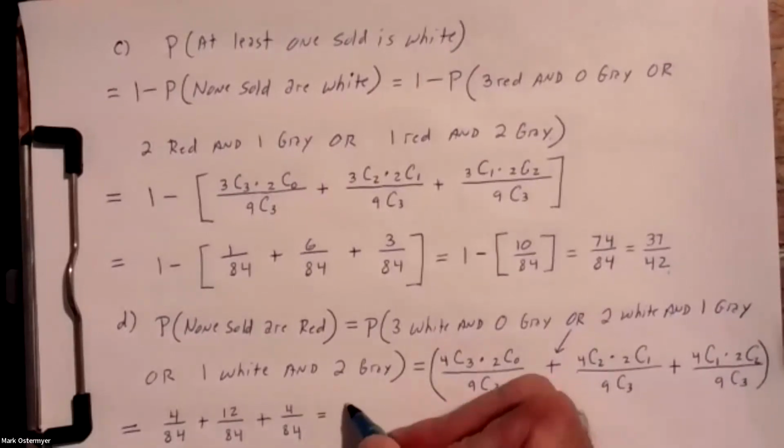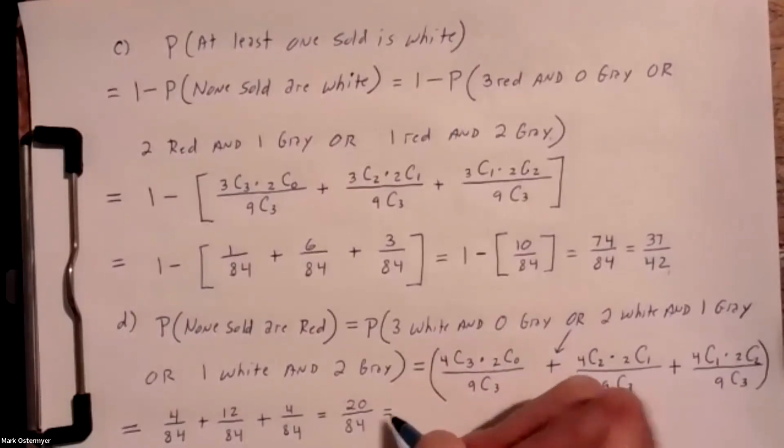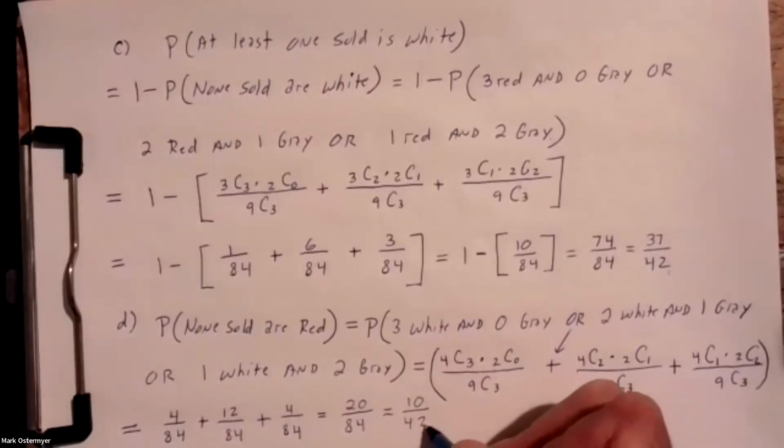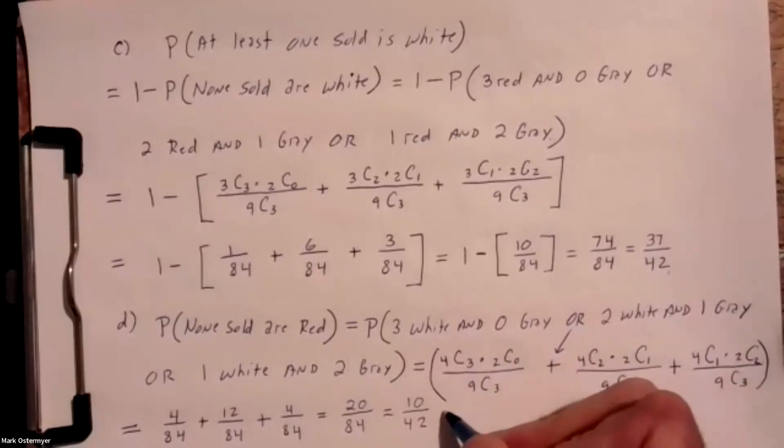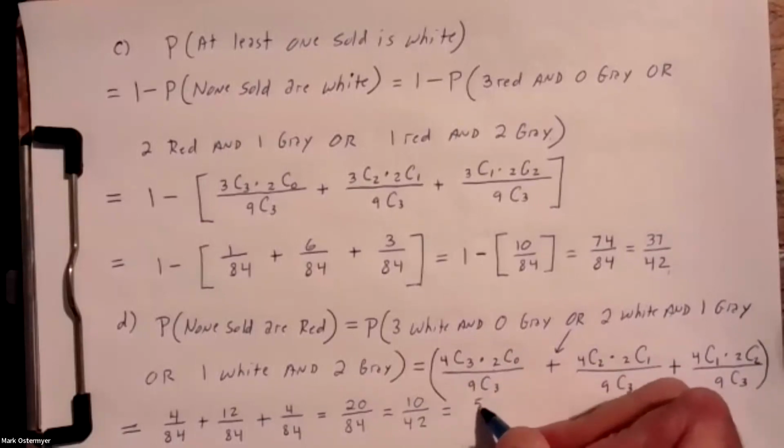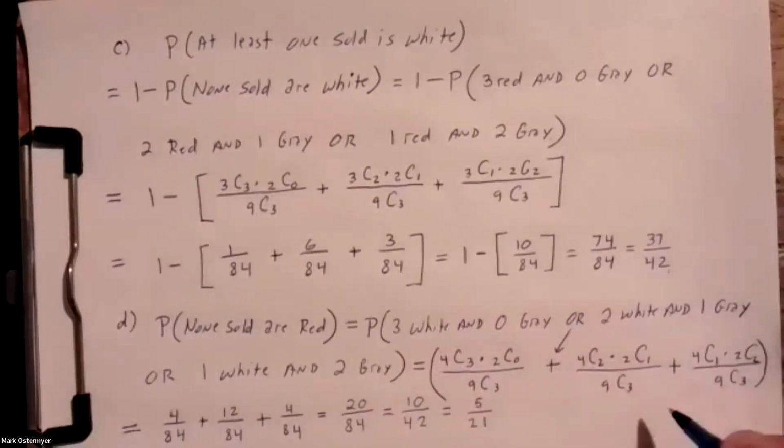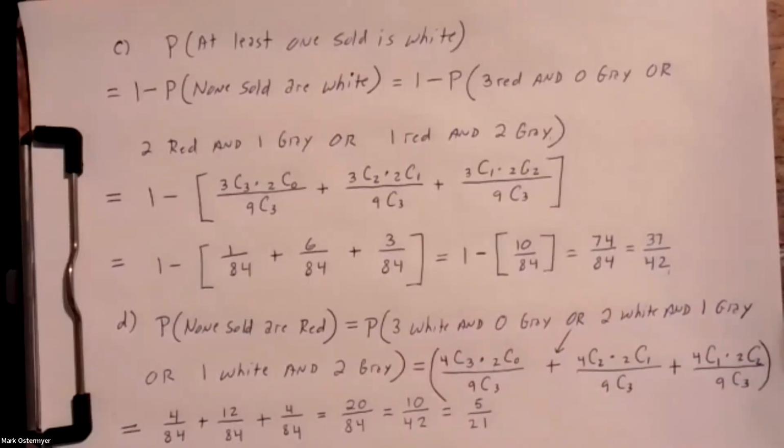And when you add them up, you're going to get 20 over 84. And by 2, that reduces down to 10 over 42. And then that further reduces down to 5 over 21. So that's the probability of that one there.